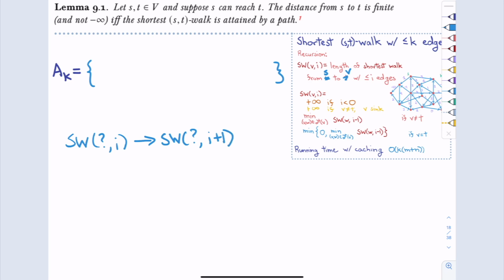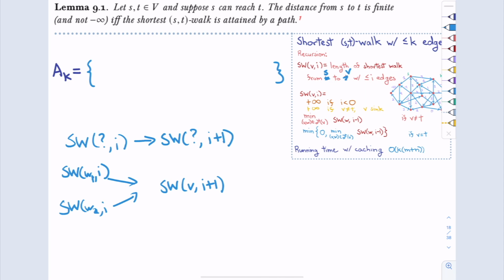Maybe I can be more precise, which is that when I'm trying to figure out the shortest walk to v using i plus 1 edges, I'm only looking at the shortest walk to various points w, maybe w1, w2, using one less edge and seeing if that's useful, where each of these w's has some edge to v.